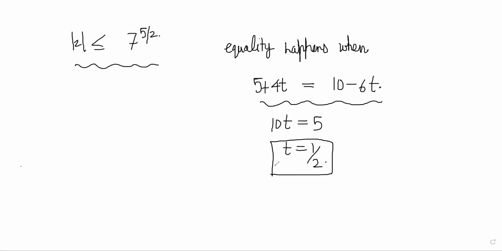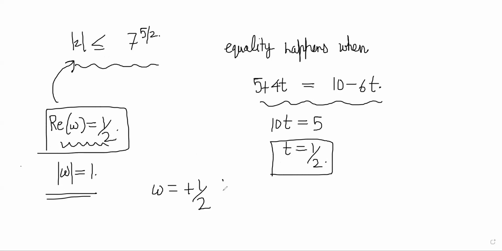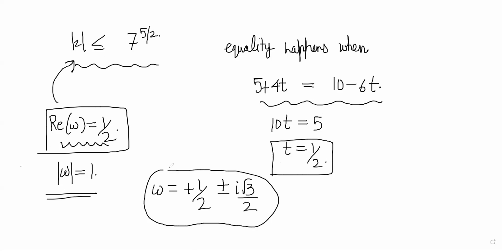So that means the real part of w must be half, and only then can you have this equality. Mod z will be equal to 7 power 5 by 2. Now notice that if the real part of w is half and the modulus of w is 1, then the complex number must be plus or minus half plus or minus i root 3 by 2. This is the complex number at which equality happens. And for any other complex number, the mod z is less than 7 power 5 by 2.